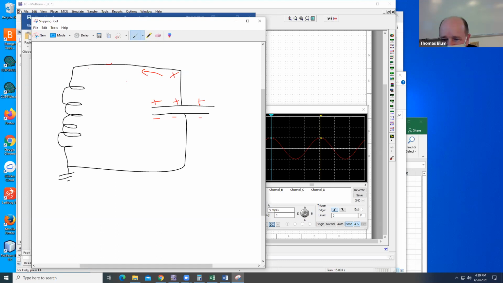So a current got going. The inductor was against it, but it got going. And now we have a few charges left, but they want to get out of there, so they try to get more current.